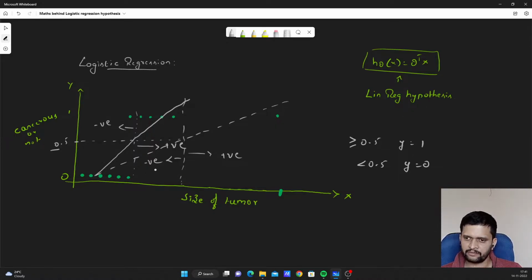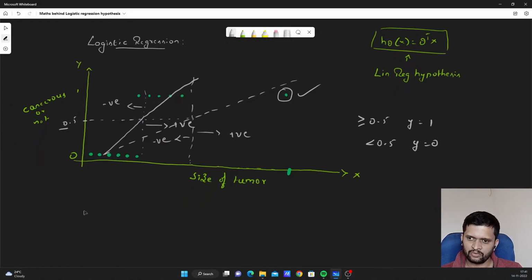So with respect to this data set, this linear hypothesis is doing a good job only with respect to this data point. It is able to perfectly classify this as cancerous, but the remaining cancerous samples are being classified as non-cancerous. So this is a major flaw with using linear regression.